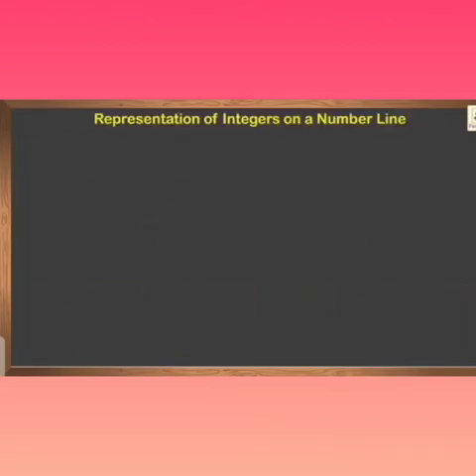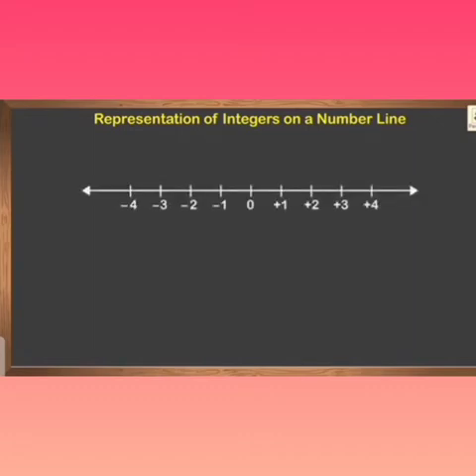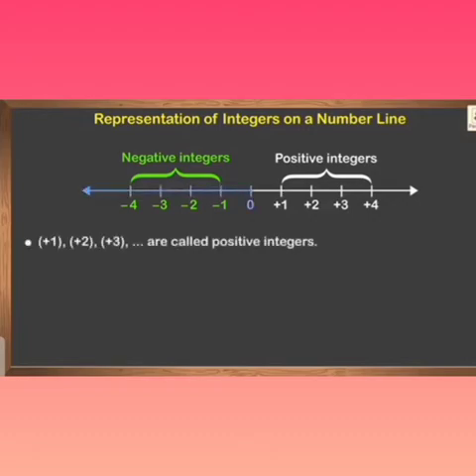Representation of integers on a number line. Integers can be represented on a number line that extends to the left and to the right. It is indicated by arrows. The positive integers are represented to the right of 0, and the negative integers are represented to the left of 0. Positive 1, positive 2, positive 3, and so on are called positive integers.